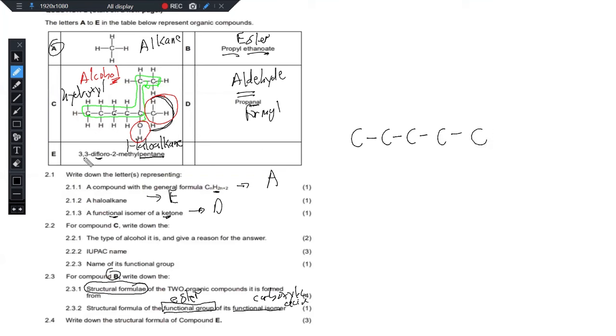Now, difluoro, we have 3-difluoro, and then there's a methyl in carbon number 2. So let's start with that methyl branch there in carbon number 2. So I'm choosing to make this carbon number 1 here. And then hydrogen. So in carbon number 3, we have fluoro. So fluorine here, and then fluorine there. And then let's fill in our hydrogens.